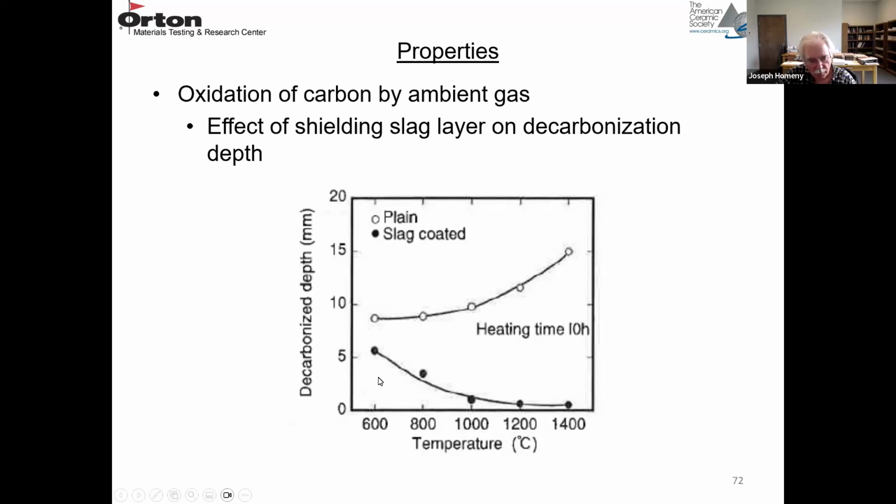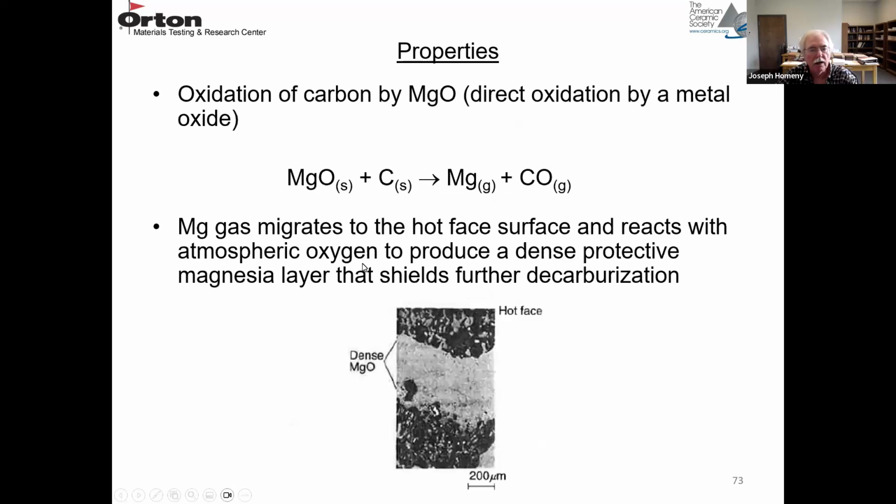And so here it's probably not very fluid, becomes somewhat more fluid and does a better job of coating and better job of preventing decarburization. So you can see the big difference between having a slag layer on a refractory hot face versus no slag layer. So this is an operating parameter that's important for extending the life of these materials.